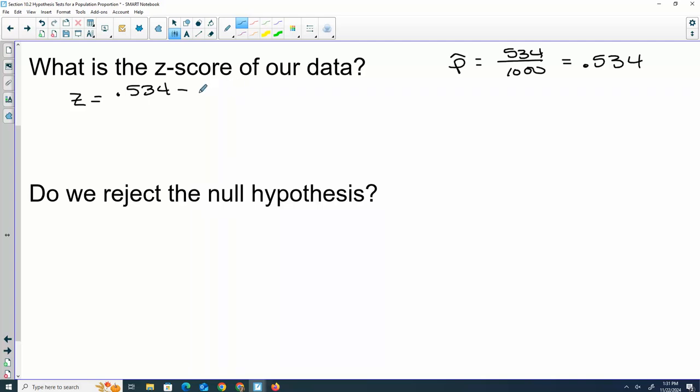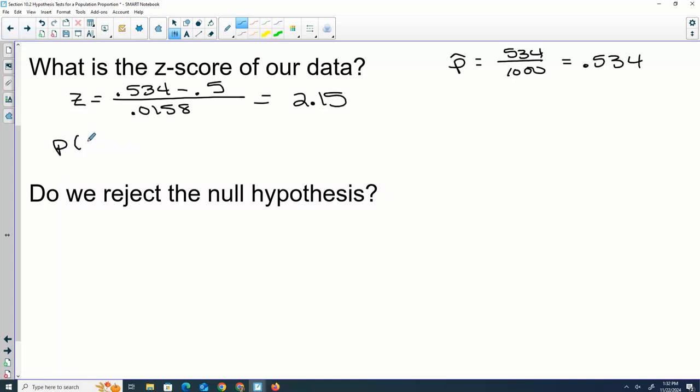So the mean for our sample was 0.5. Divided by the standard deviation, 0.0158. And we get 2.15.